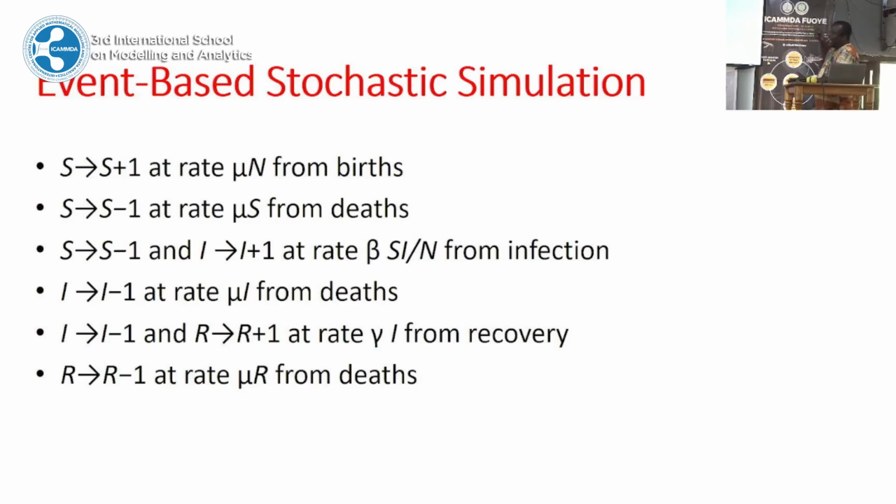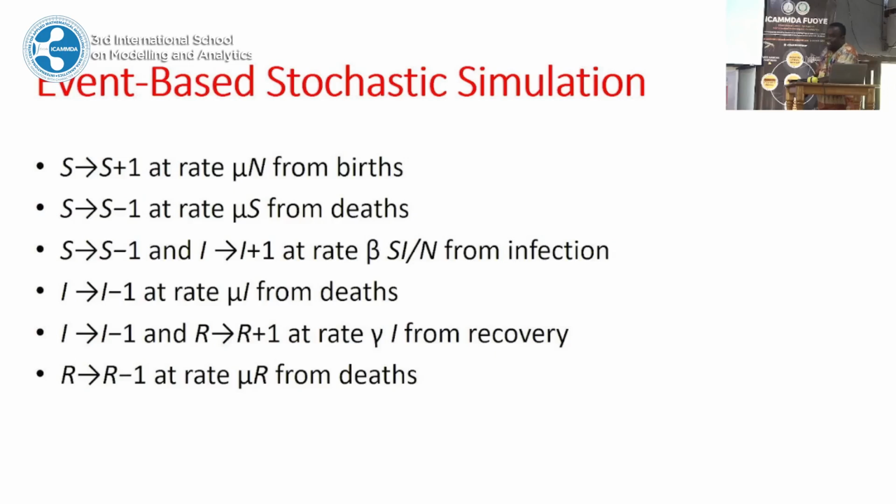They are moving out, so that's an outflow from the susceptible class, and then they are being added to the infectious class. So at that point, S is transformed from S to S minus 1, and I is transformed from I to I plus 1. Then the fourth event there, what's it saying?